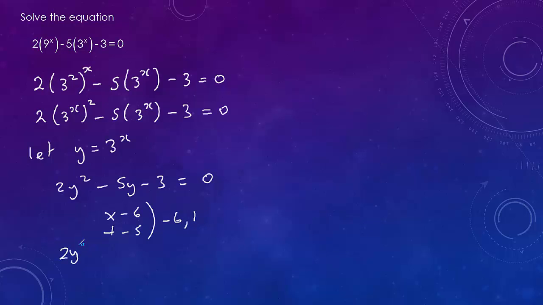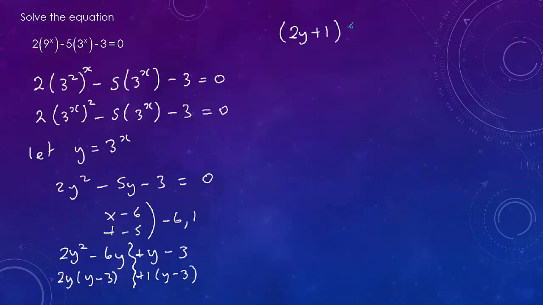So we'll have 2y squared minus 6y plus y, take away 3, and 2y, y take 3, add 1, y take 3. So that's 2y plus 1, y take away 3 is equal to 0.